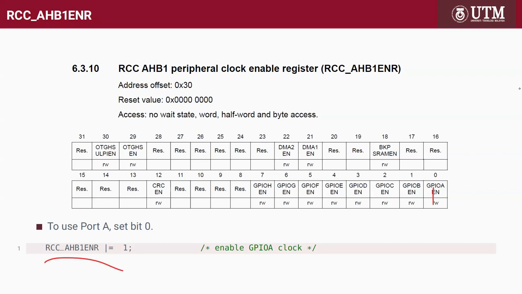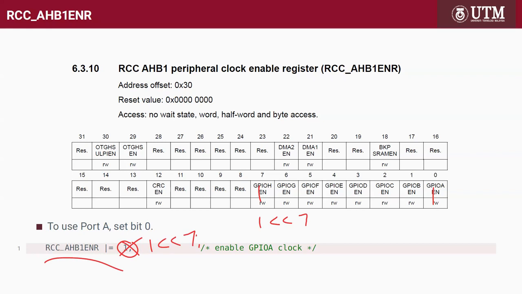So 1 is easy, just put in 1. But if I want to use, for example, port H, I will replace this with 1 left shift 7, in case I want to enable GPIO port H.